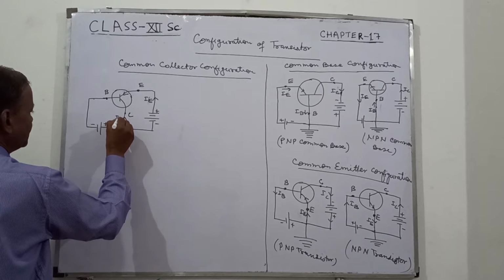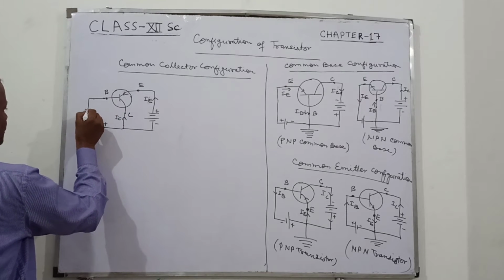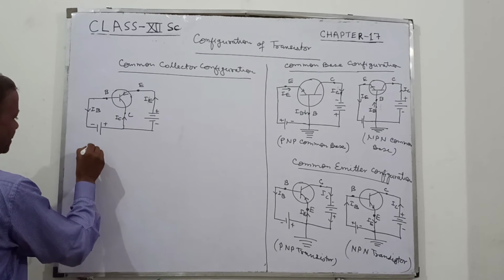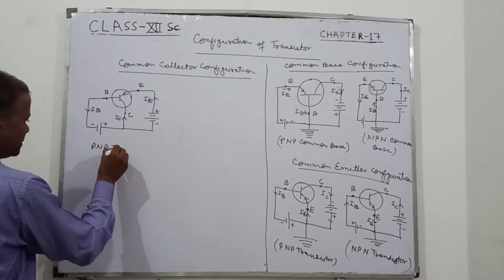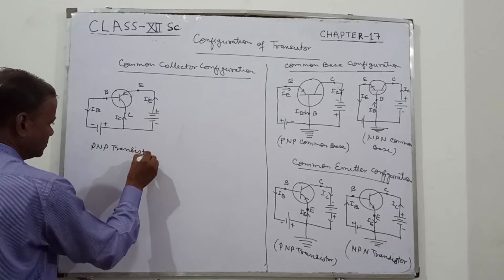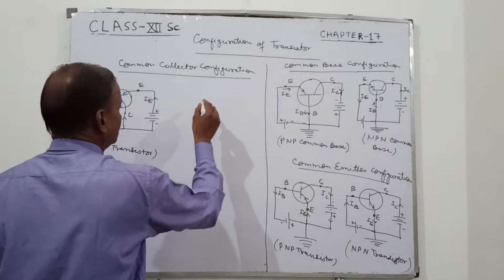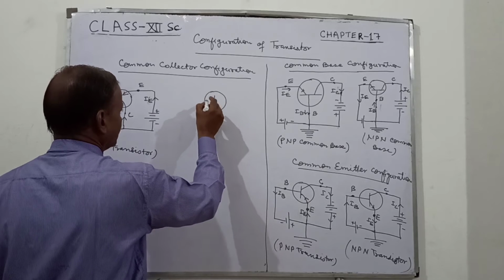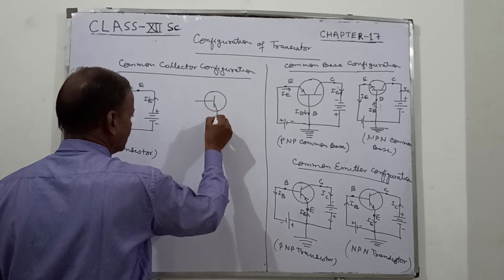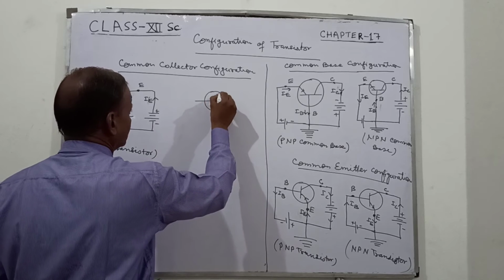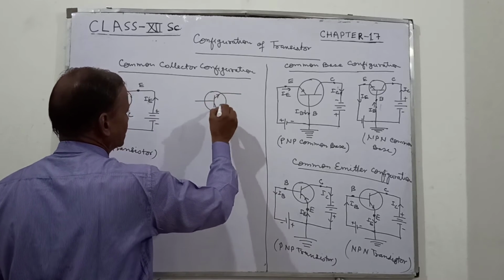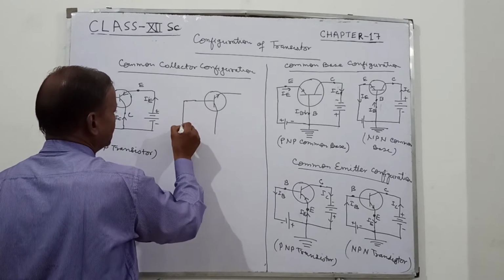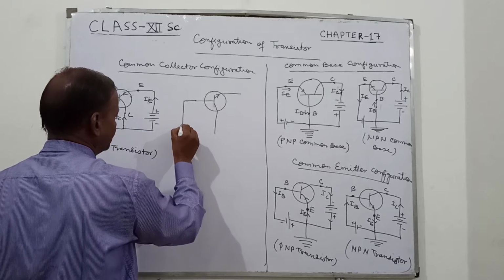This is IC. And this will be your IB. This is PNP transistor. Now we have this NPN. Now this is the current.